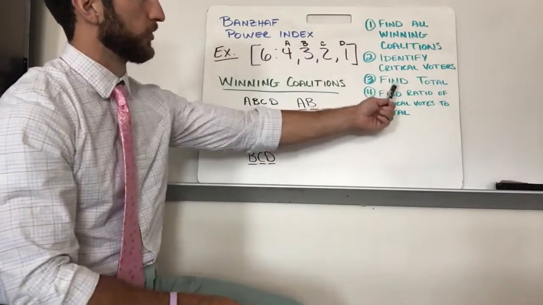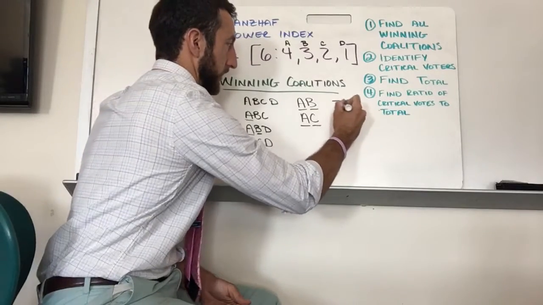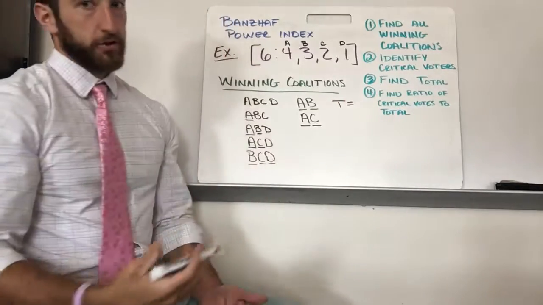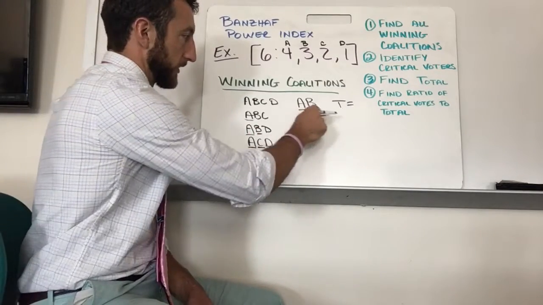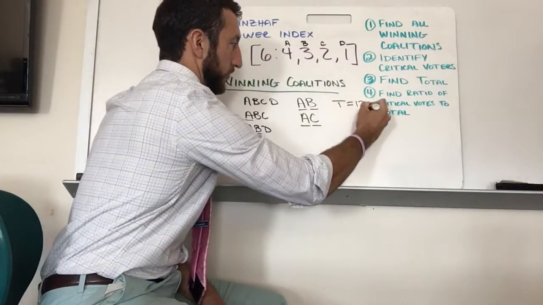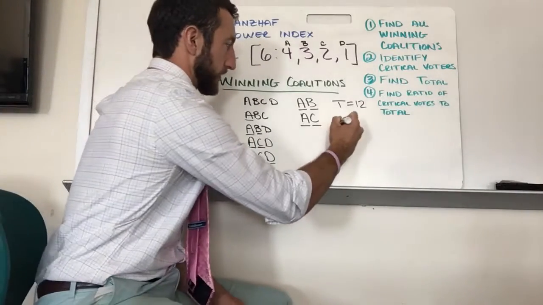All right, so now what we want to do is find the total amount of underlines that we have. We're going to label that as T. So all I have to do is count now. 1, 2, 3, 4, 5, 6, 7, 8, 9, 10, 11, 12. So my total is going to be 12. That is going to be my denominator of each person.